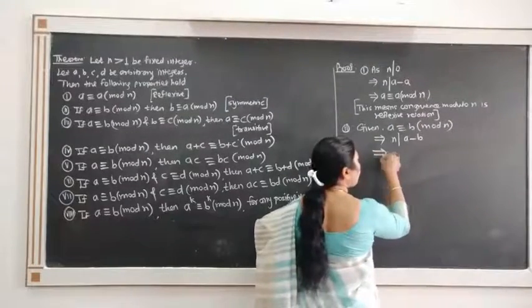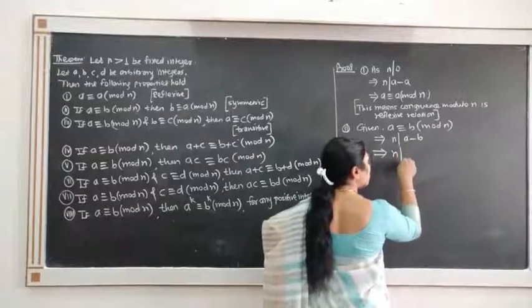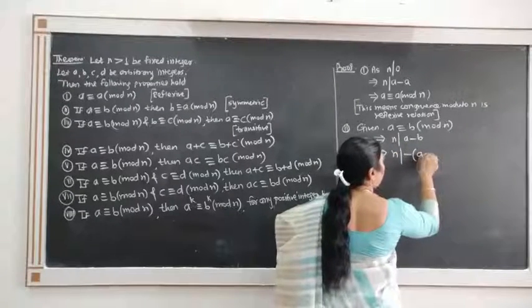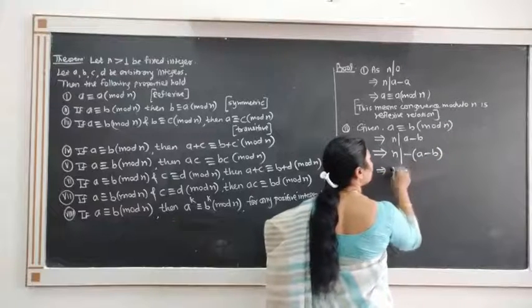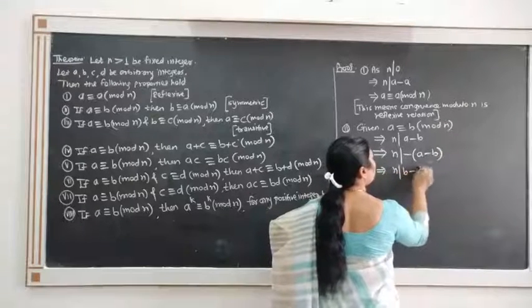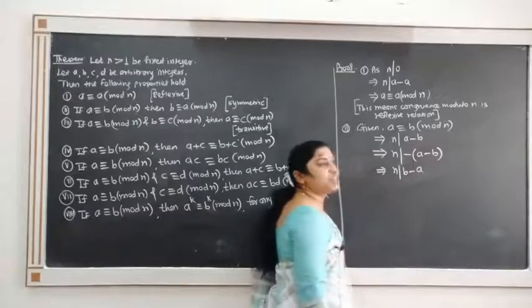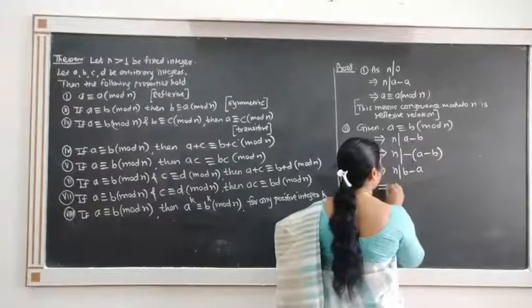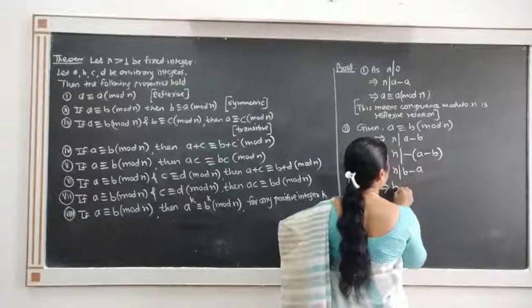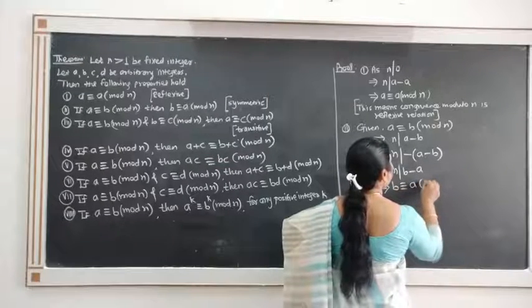But if n divides a minus b, it also divides minus of a minus b. And minus of a minus b is nothing but b minus a. So n divides b minus a. So again, by definition of congruence, this implies b is congruent to a mod n.